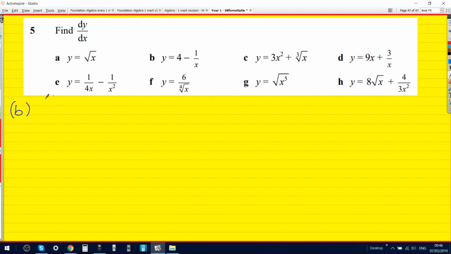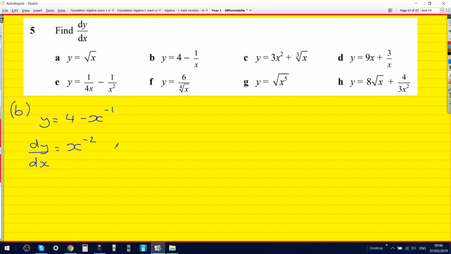And this can be written as y equals 4 minus x to the minus 1. So it's just minus x times minus 1. It's just x to the minus 2. Yeah.